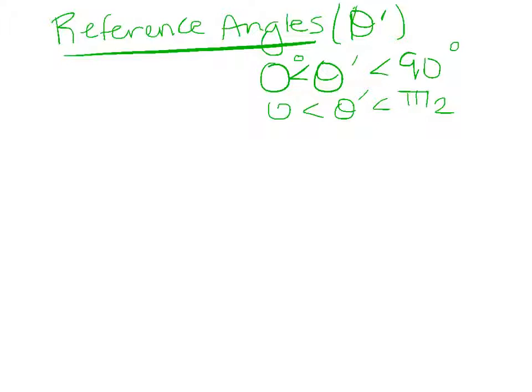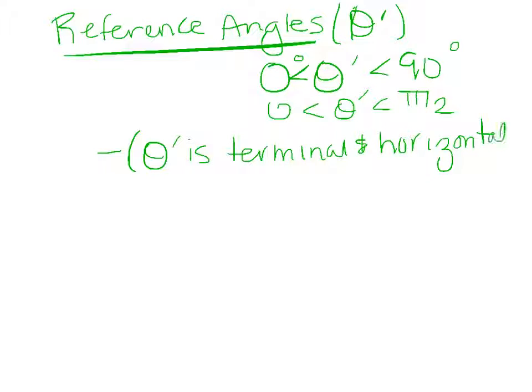Let's define these reference angles: theta prime is the angle between the terminal side and the nearest horizontal. Let me show you what I mean by that.